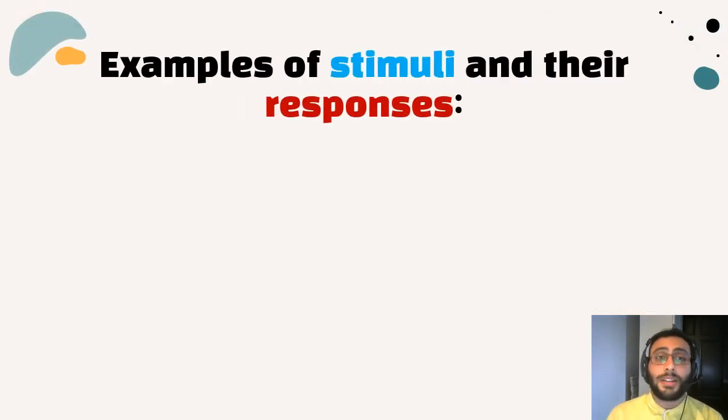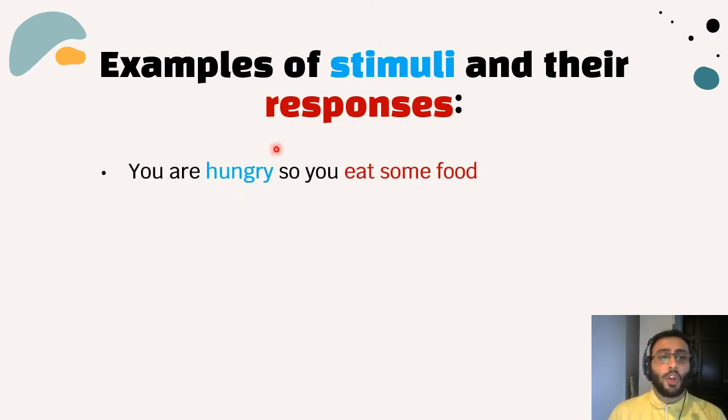All right, now let's see some examples of stimuli and responses. You are hungry. Hungry is a stimulus, right? So you eat some food. Your response is you eat some food. What do you do when you're hungry?